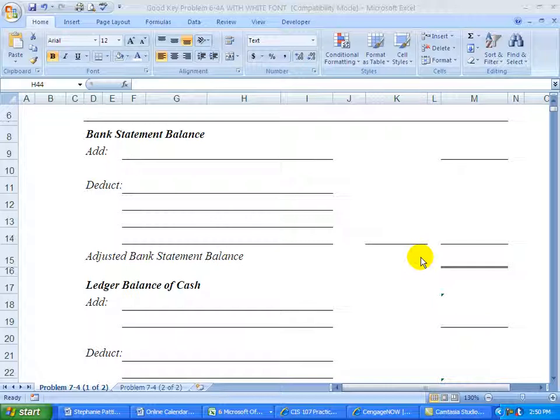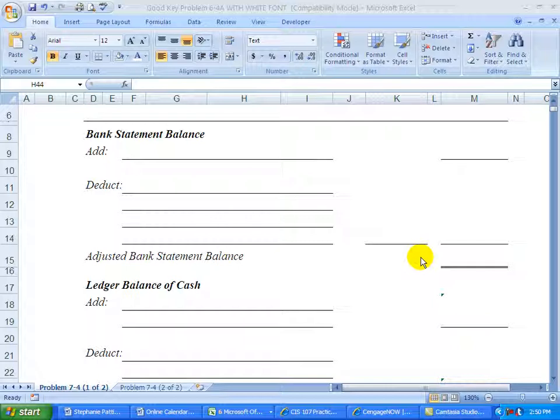Also, there's a check for $47 written to a creditor, and we recorded the payment as $74, and we have some outstanding checks. So we are going to start plugging these things in and go from there.